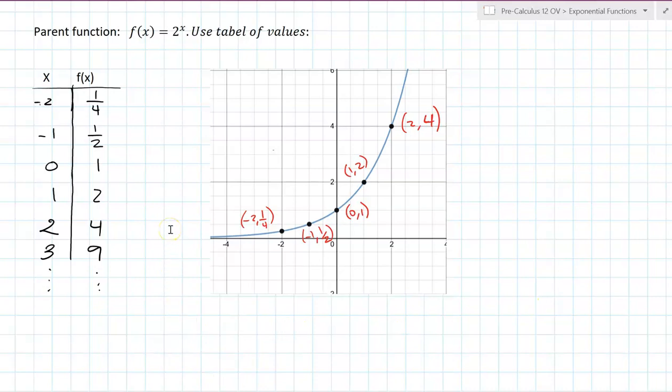It has to be actually greater than 0. That means the asymptote, this is the horizontal asymptote. You will not have a vertical asymptote, only a horizontal asymptote.